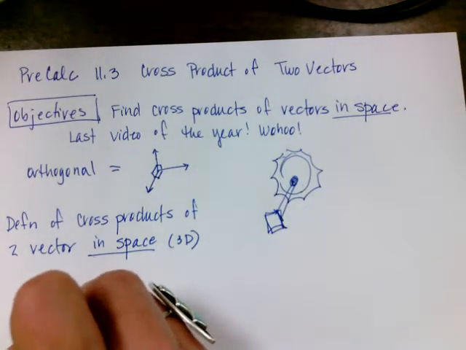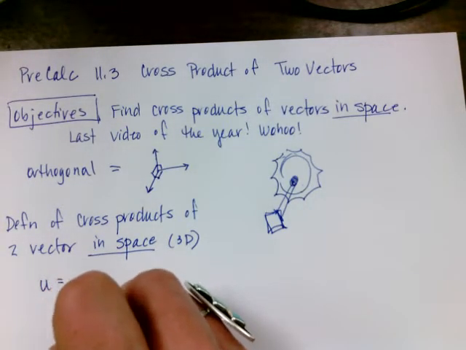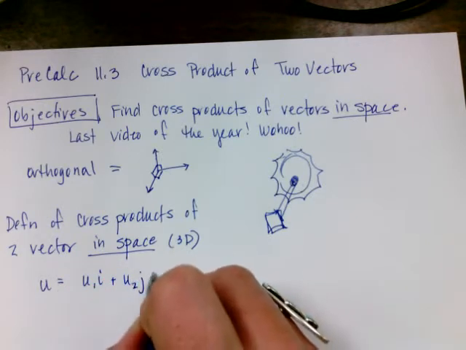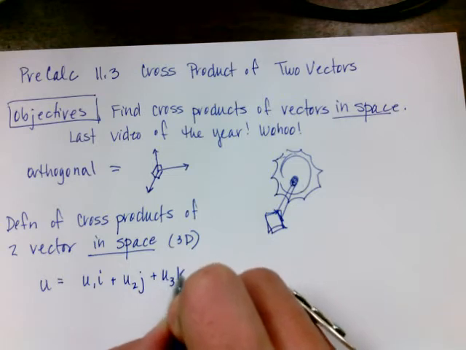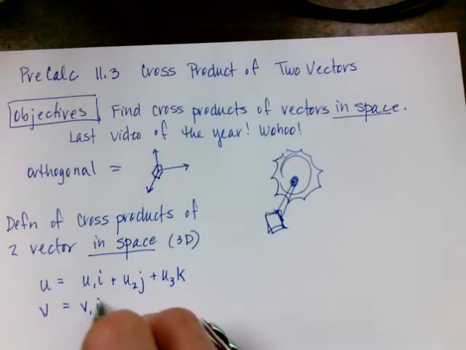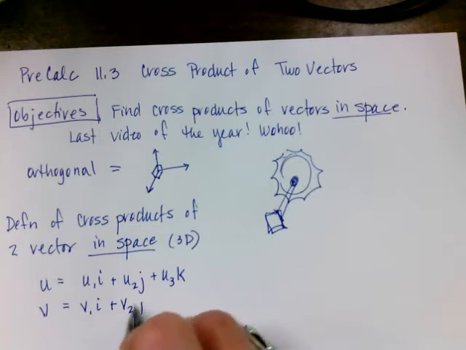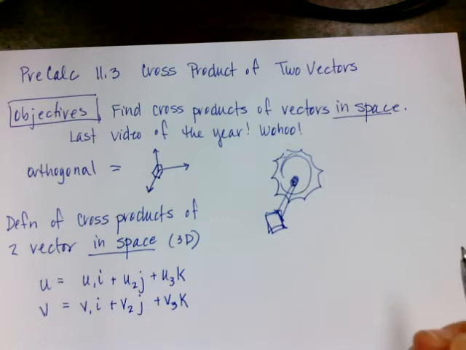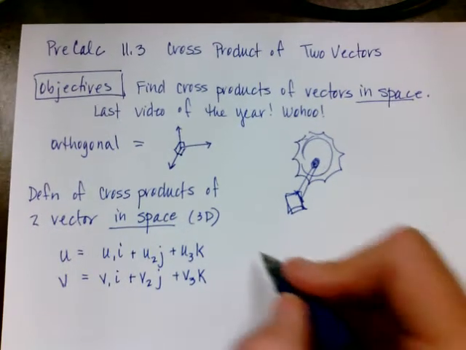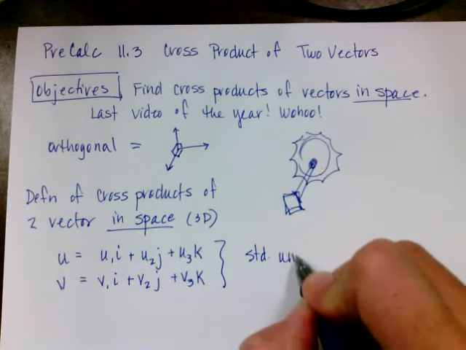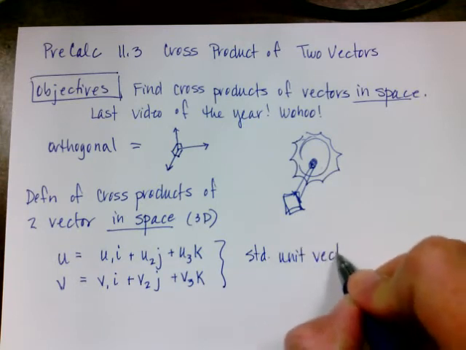So if I have the vector u, it is u sub 1 i, u sub 2 j, and u sub 3 k. And then v is v sub 1 i, v sub 2 j, and v sub 3 k. So I'm writing both of my vectors in standard unit vector form.